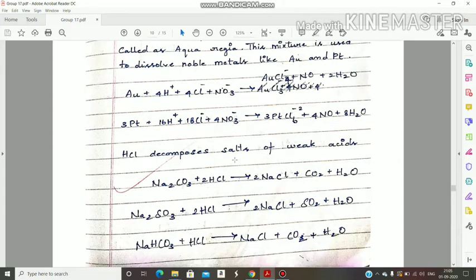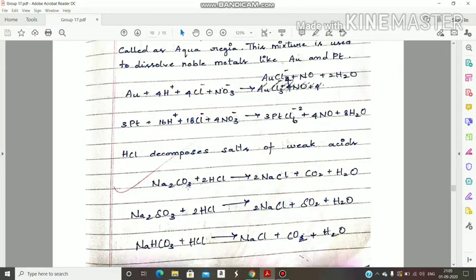Next, HCl decomposes salts of weak acids. See, this is Na2CO3. This is a salt of a weak acid. How can we say that? In this salt NaOH is the strong base and H2CO3 is the weak acid. So this is the salt of a weak acid.